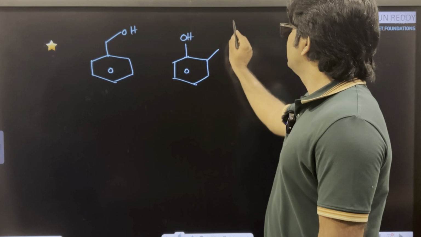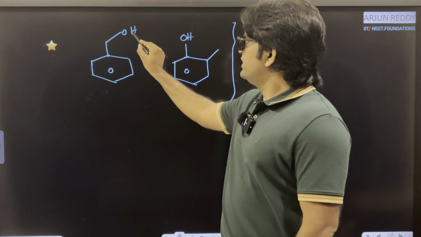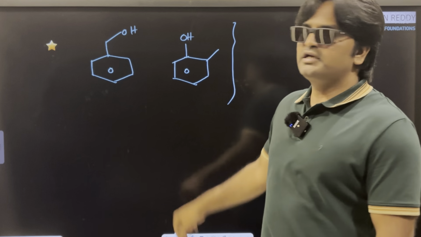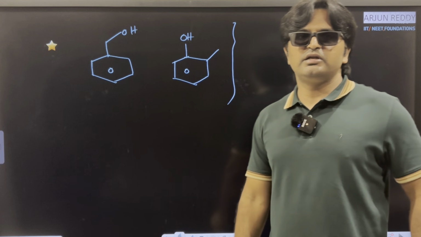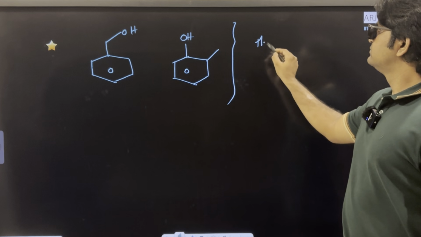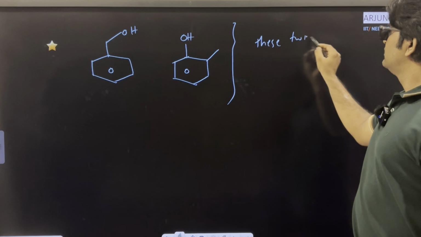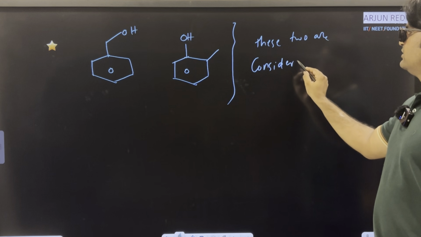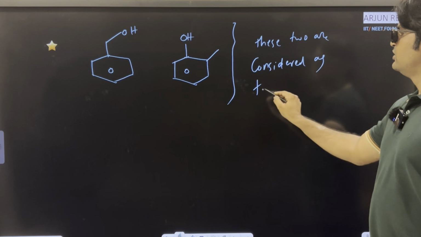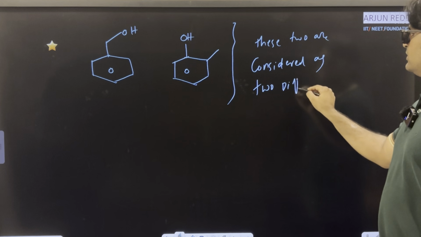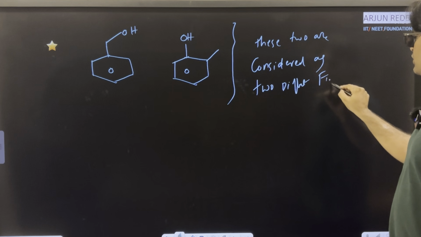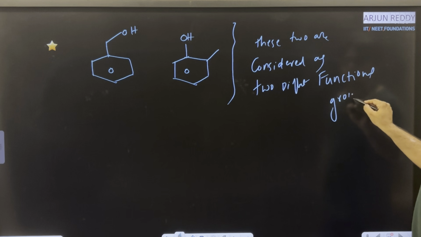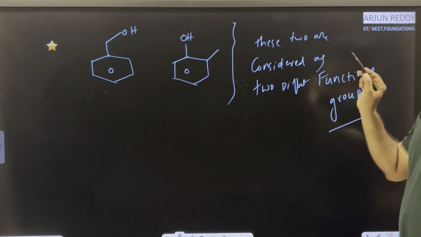Here, what is the difference? Here the OH is not directly connected to the ring system, but here the OH is directly connected to the ring system. They have the same molecular formula, but these two are considered two different functional groups.